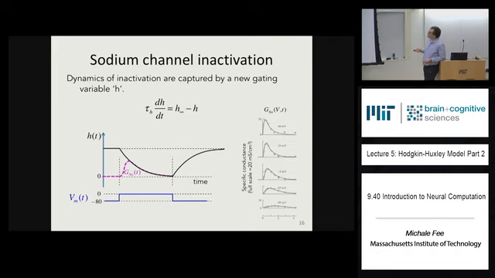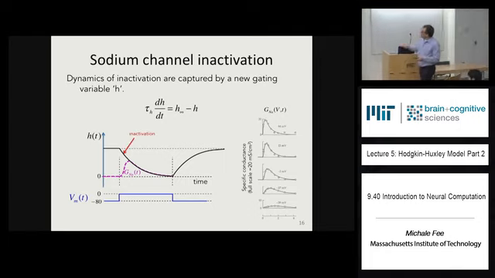And what's really cool is that the tail, this inactivation, the way that conductance or the current turns off is just a single exponential. It falls like e to the minus t over some time constant. Okay? So it's just given by this first order linear differential equation.